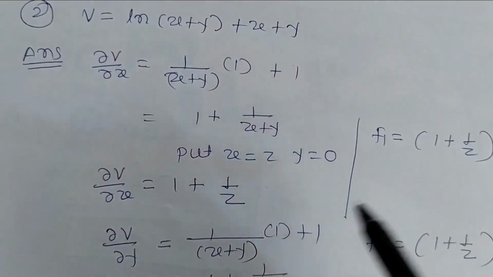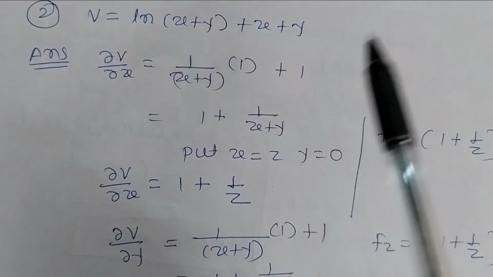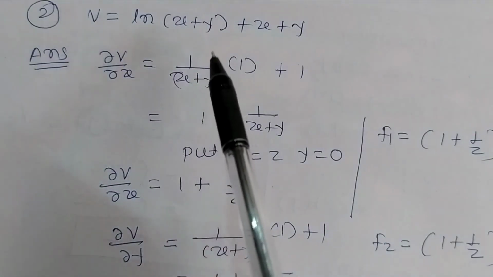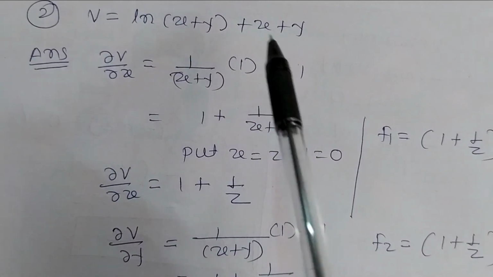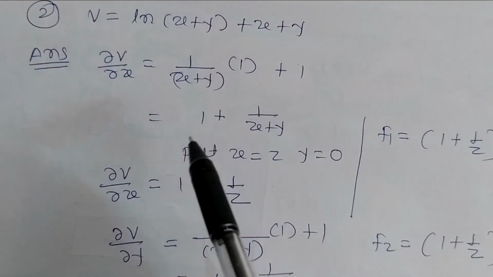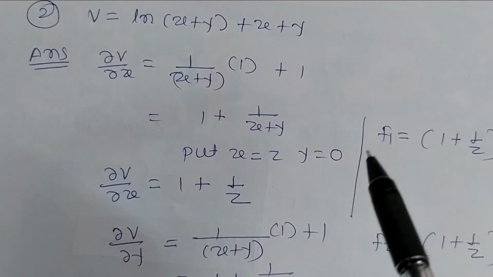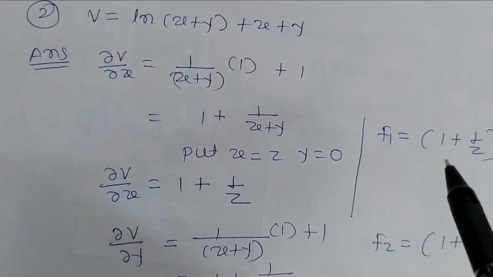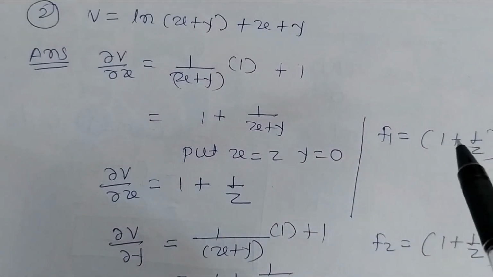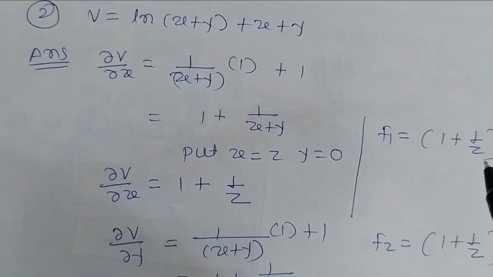The next example is v equal to ln(x plus y) plus x plus y. Then ∂v/∂x is 1 upon (x plus y) into 1, plus 1 with respect to x, which is 1 plus 1 upon (x plus y). Put x equal to z and y equal to 0, so f1 is 1 plus 1 by z.